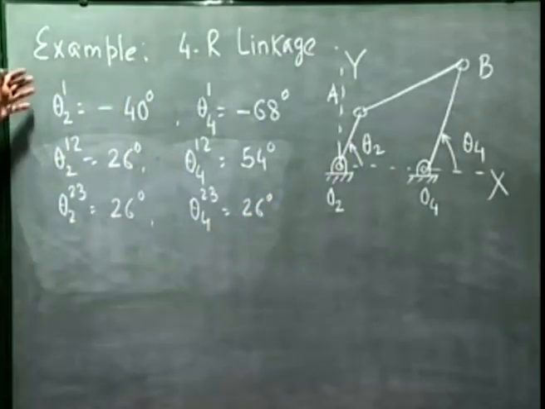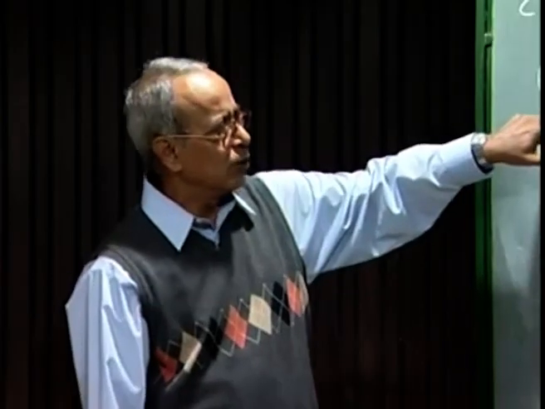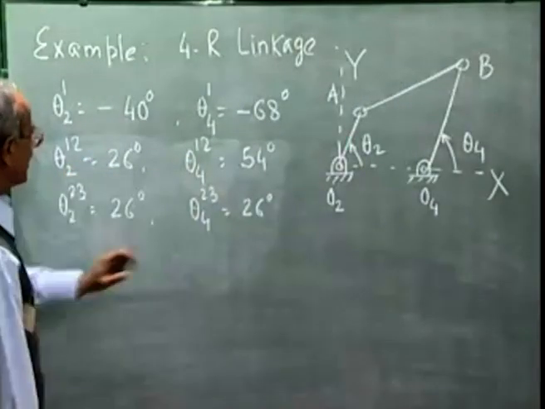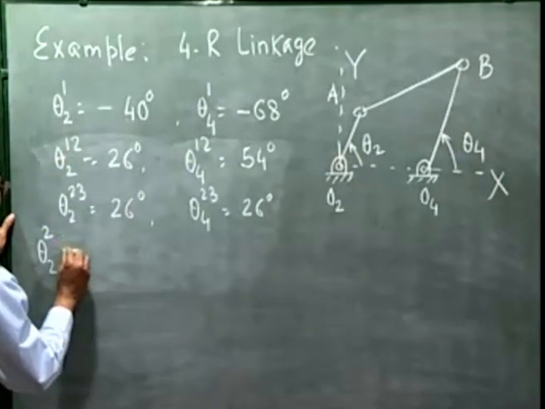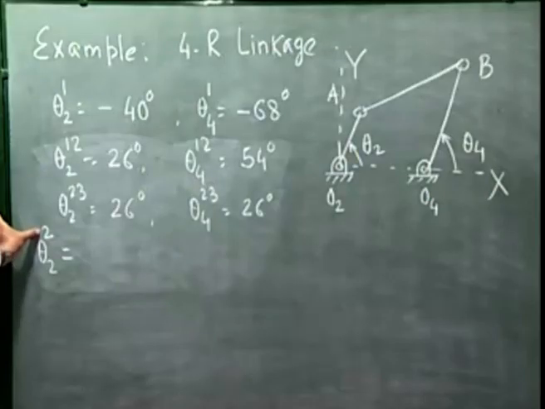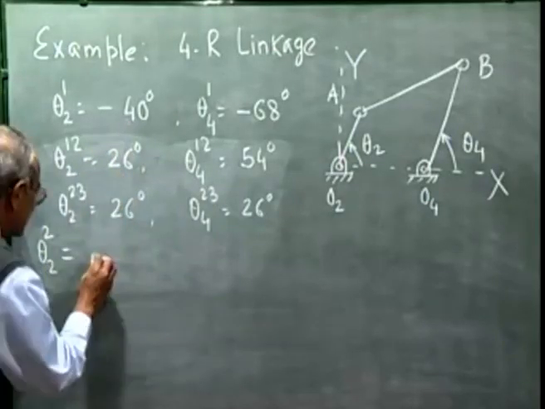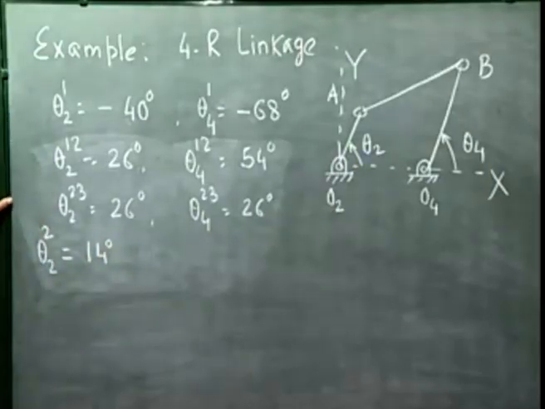It is clear that we want to solve this problem by analytical method using Freudenstein's equation, because that is why we have assumed theta 2 1 and theta 4 1. For these two prescribed sets, I can find out the value of theta 2 corresponding to the second configuration, that is theta 2 2, which is minus 40 plus 26 degree, which gives me minus 14 degree.